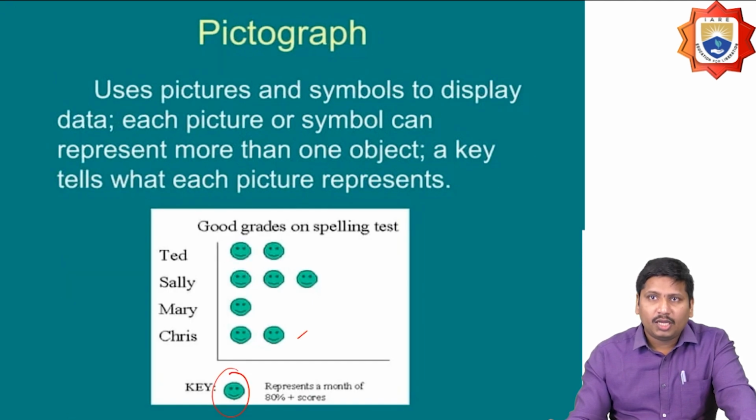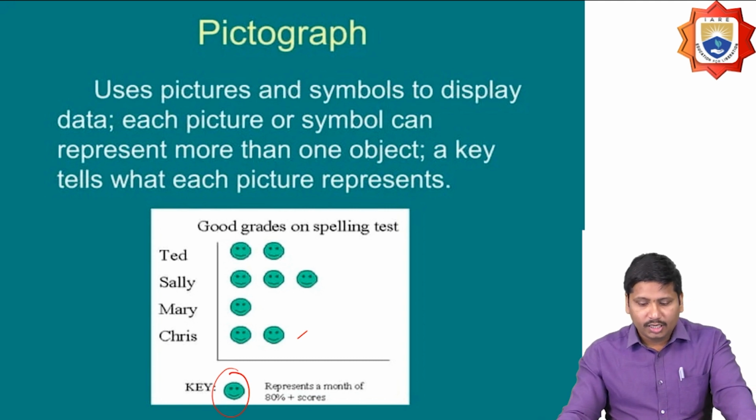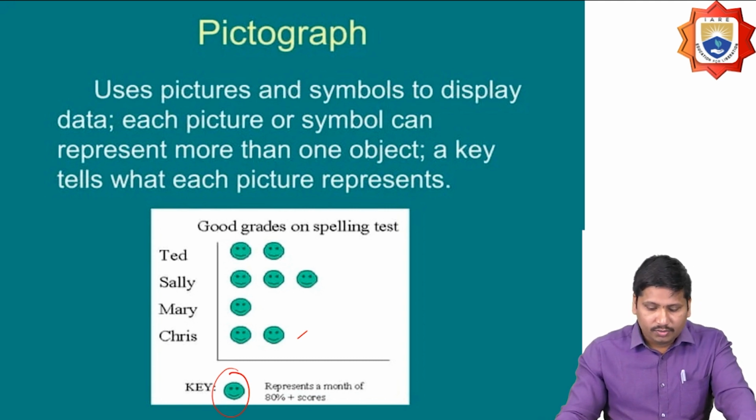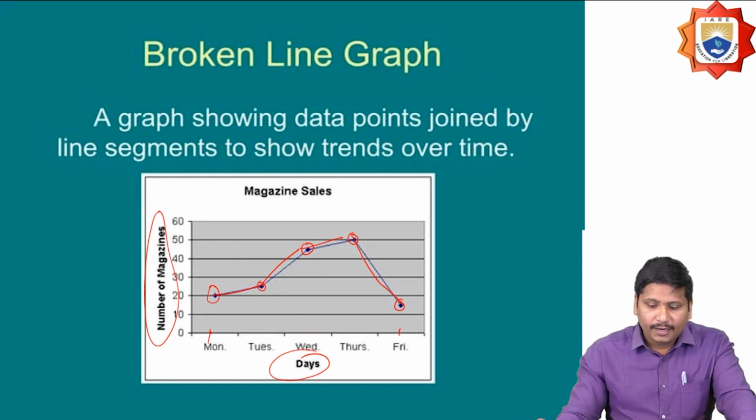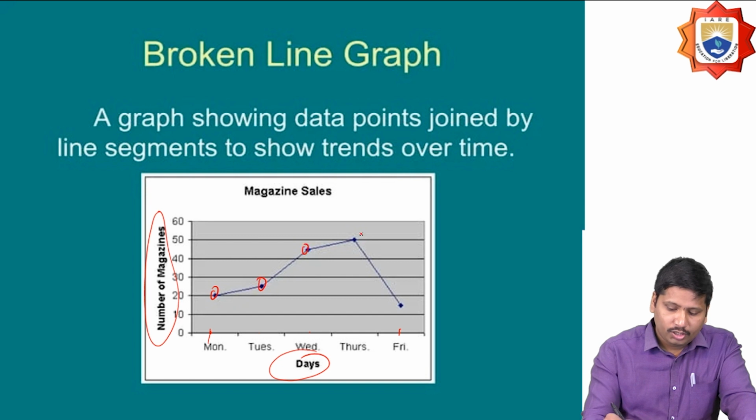A pictogram is another kind of graph which shows the data in the form of pictures and symbols, so that the observer can easily understand what the data is. In a broken line graph, the line graph is obtained over time, and all the points are joined by a dotted line.